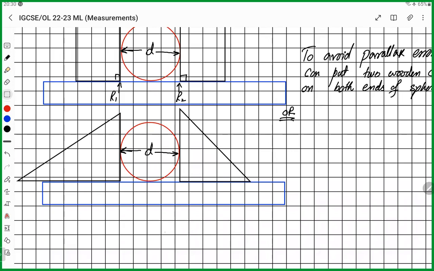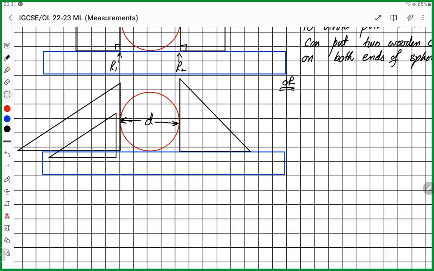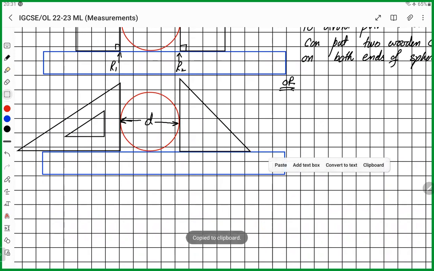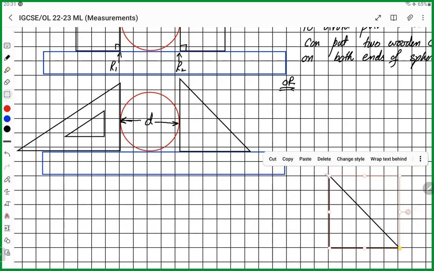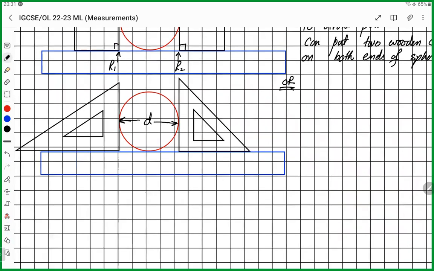They are found in your geometry box, but mostly you never use them. These are called set squares.